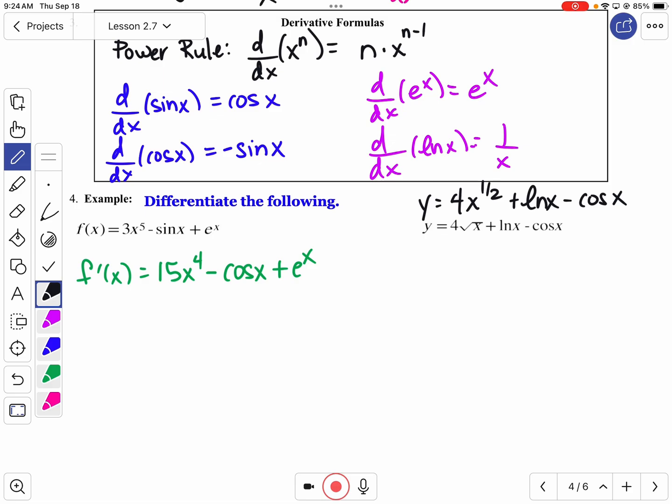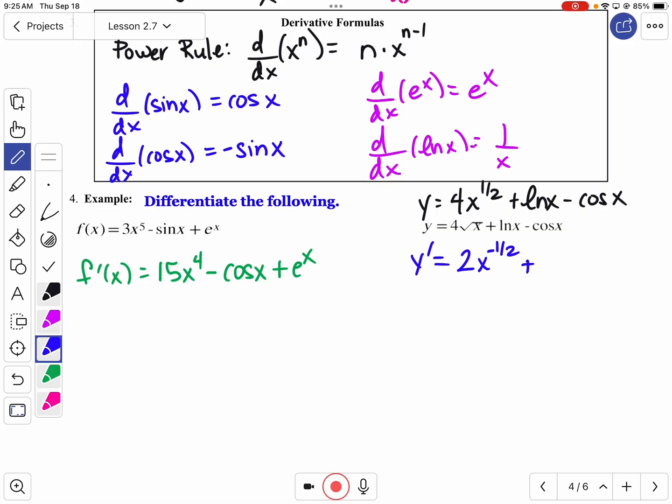I rewrote that one as x to the 1/2, just to remind me that, hey, that is a power function. And so if I do y prime, derivative of 4x to the 1/2. Good, 2x to the negative 1/2. We multiply, subtract 1. So 1/2 times 4 is 2. 1/2 minus 1 is negative 1/2.